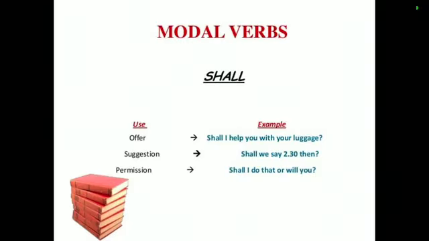And moreover, shall in the first and third person and will in the second person shows the wish or intention of the speaker. For example, shall I buy you a watch? Shall he go with you? Will you help me? Will you lend me some money? So students, in a complex sentence, however, will and shall are always used in the principal clause and never in the subordinate clause. For example, I shall help him if he works for me.